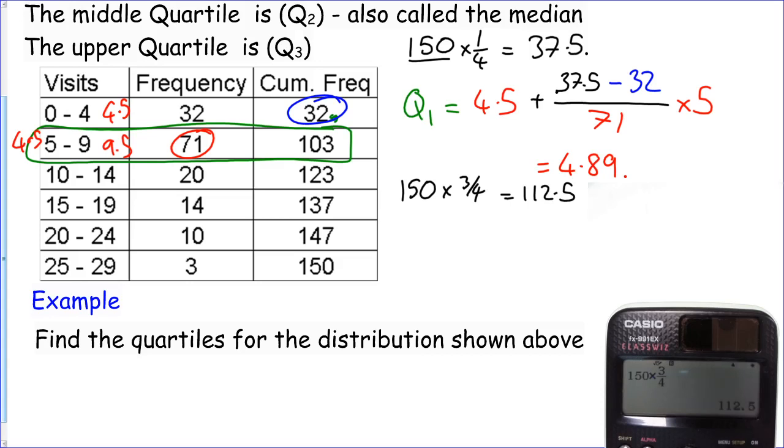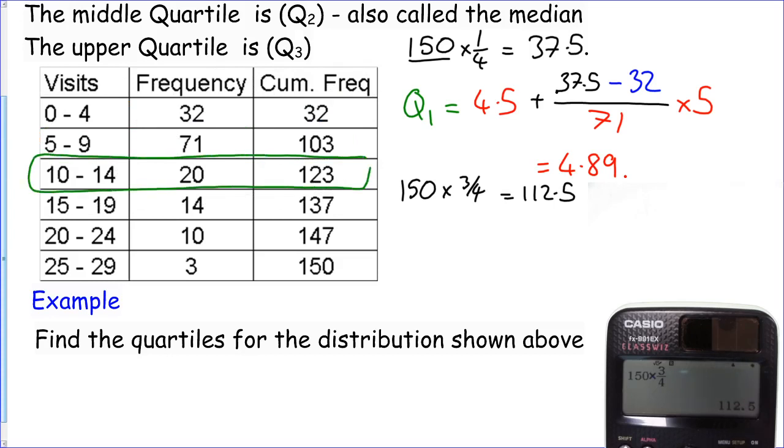Looking through here, we can pick out that this one is now in this class, because things all the way up to 103 lie in these two classes, and all the way up to 123 lie in these three. So 112.5 must be in this class here.